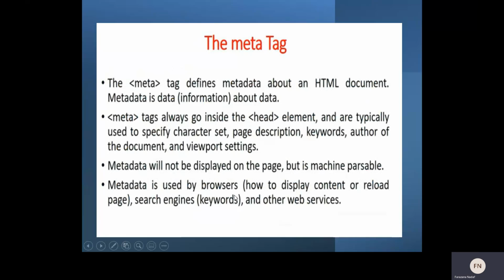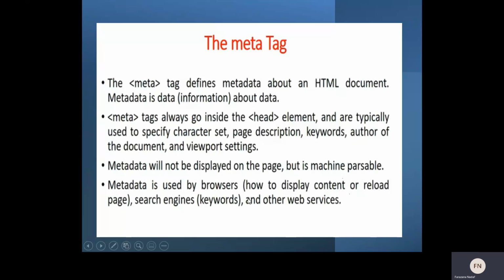Metadata will not display on the page, but it is machine-parsable data. That metadata is used by the browsers to display content or reload page information. It is also used by search engines, which use the keywords to display the data, and by other web services to display content.